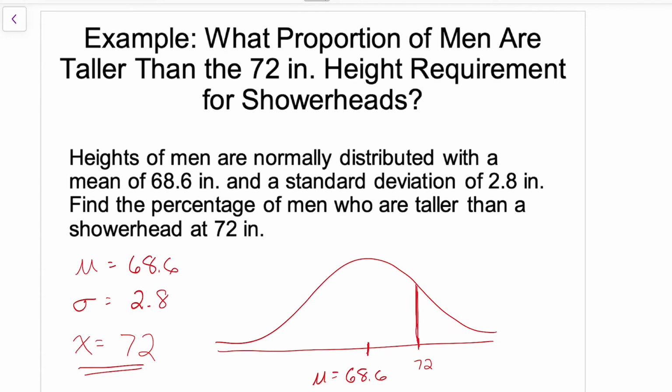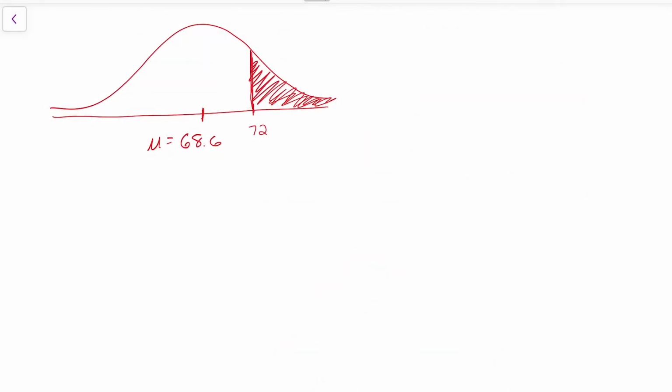And we are looking for the percentage of men who are taller than 72 inches. That means I want the heights in this shaded region, right? All the heights that are larger than 72 inches. Okay, we have our picture, and now we want to convert to our standard normal, right?